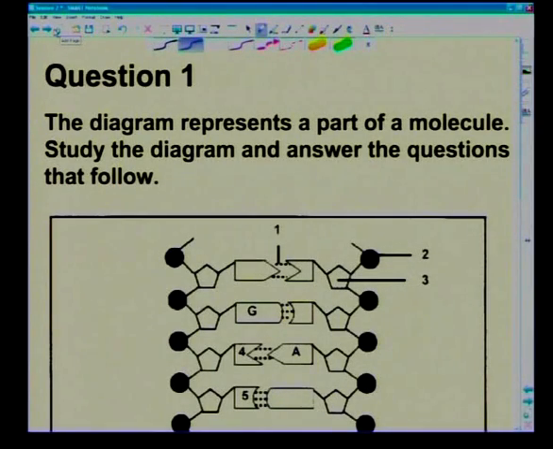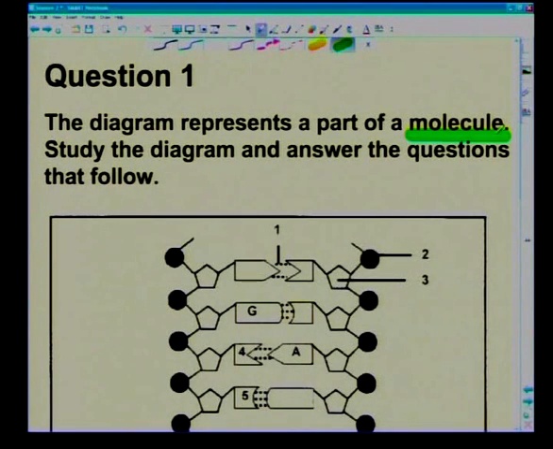With question 1 it says, the diagram represents a part of a molecule. Underline the operative word. What I'm going to go through now are exam techniques. You never read a question without a pen in your hand. The diagram represents part of a molecule.